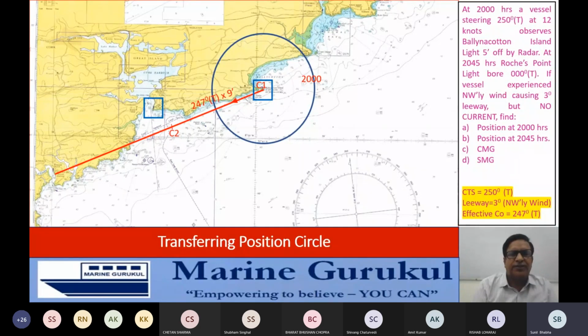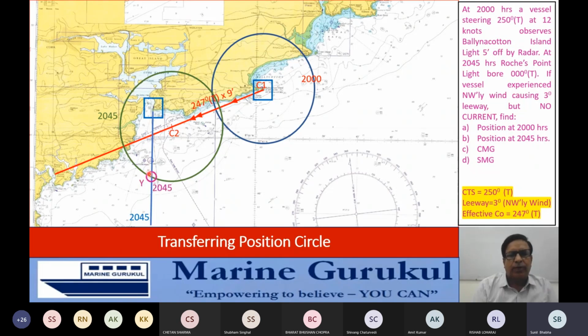So with C2 as the center and 5 miles as the radius, we draw the transferred position circle. Why? Because C1 C2 is also the CMG and C1 C2 is also the distance made good. So we draw the transferred position circle. Green position circle is the position circle for 2045. Now we draw the 2045 PL. This is 2045 PL, where the two intersect here.